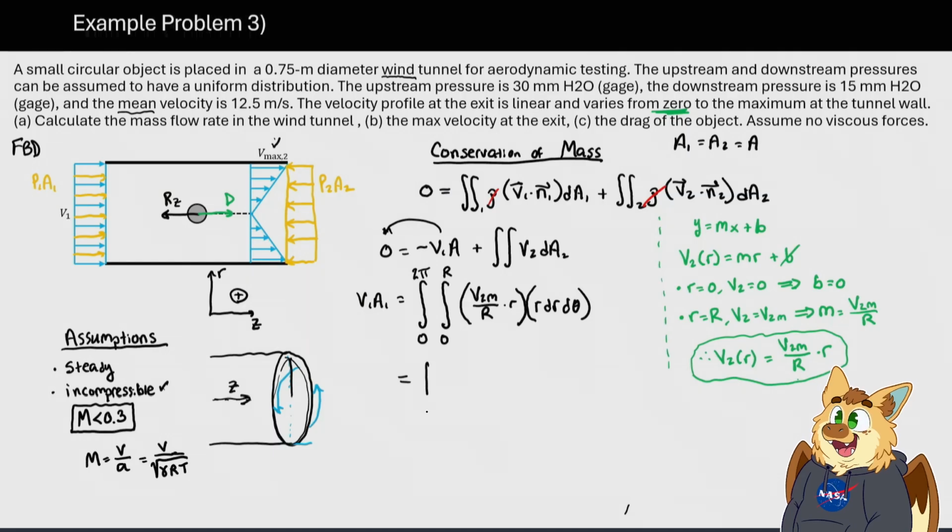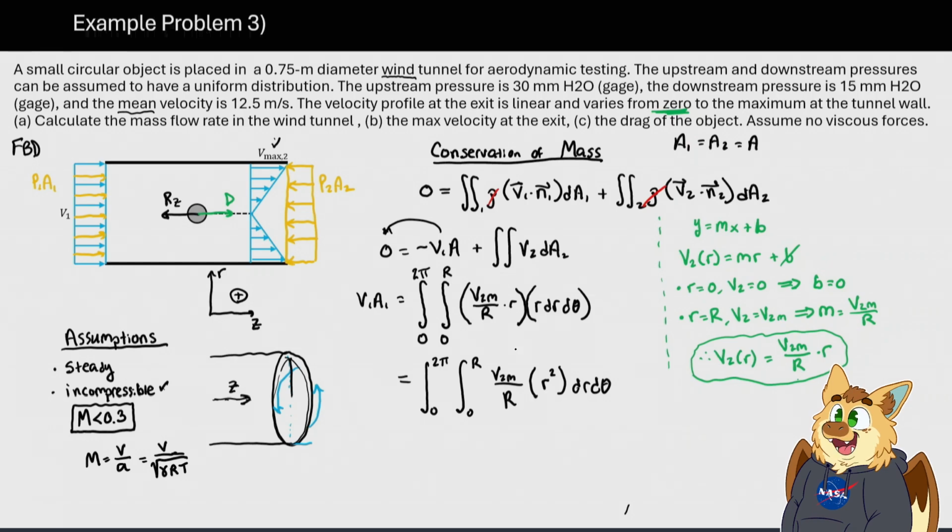So let's rewrite this out here. This is going to be a very math-heavy tutorial, as you can tell. So we're going from 0 to r. We can take out our constant v2m over big R, and this will be times r squared dr d theta.